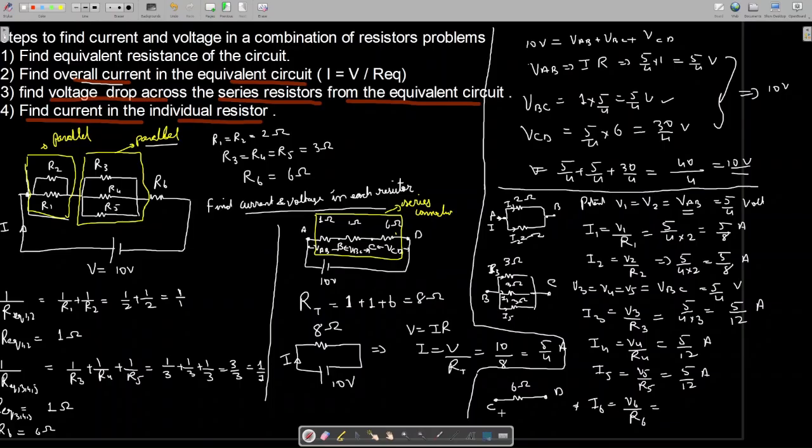Now V6 equal to VCD, and VCD is 30 by 4 and R6 is 6 ohm. So this becomes 5 by 4 ampere. So we have found all the voltage and all the current.